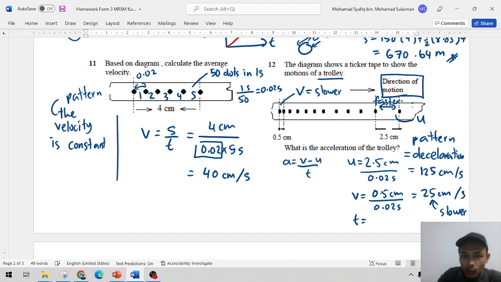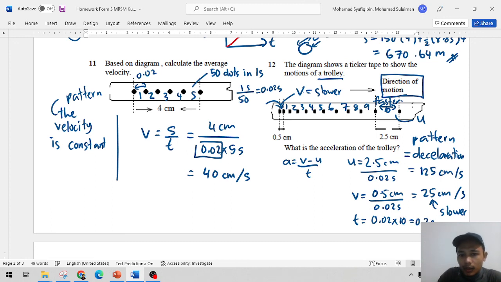So here we have 1, 2, 3, 4, 5, 6, 7, 8, 9, 10. Okay, please note that we didn't include the first one because it is the difference in time. So t is equal to 0.02 times 10, so it will become 0.2 second.